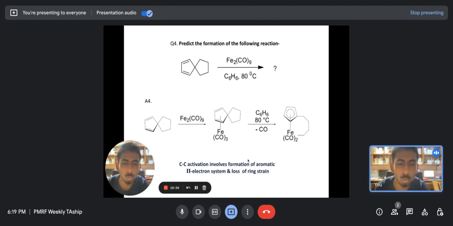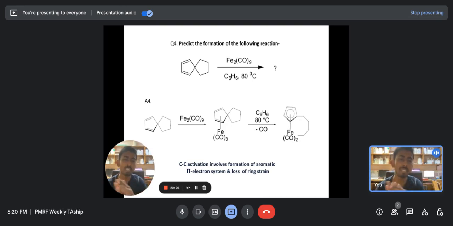So here for your note, I have depicted that the C-C activation involves formation of an aromatic pi electron system, because this ring is aromatic in nature. It is obeying Huckel's law of the 4n plus 2 aromatic system, where n is equal to 1 and 4n plus 2 is equal to 6, and there is the loss of ring strain. From this strained system, we are going to a relieved ring strain system.